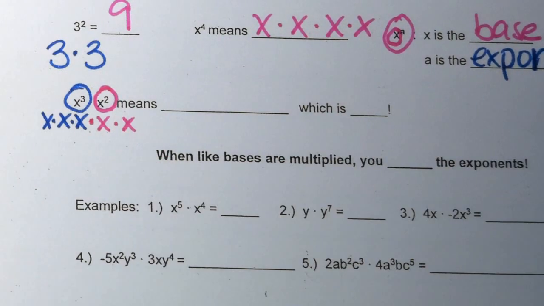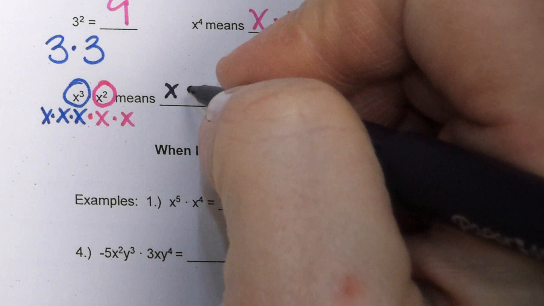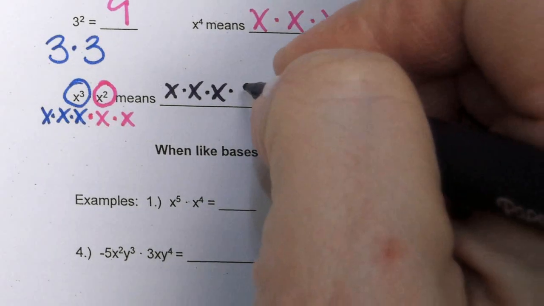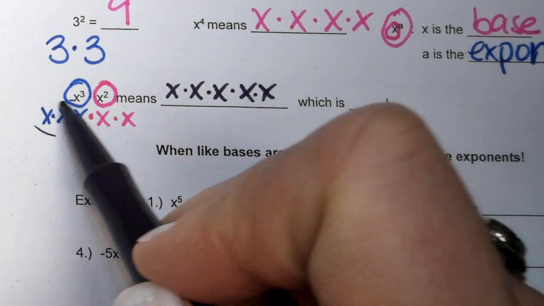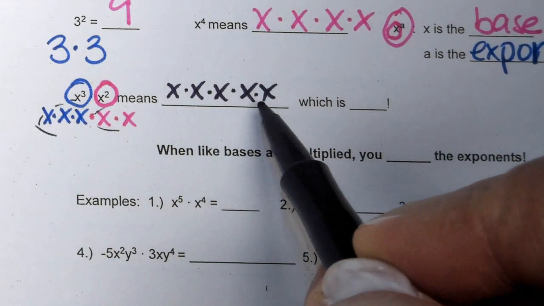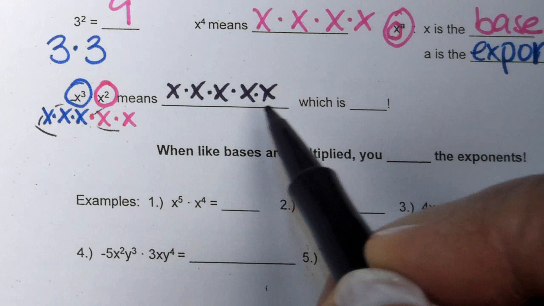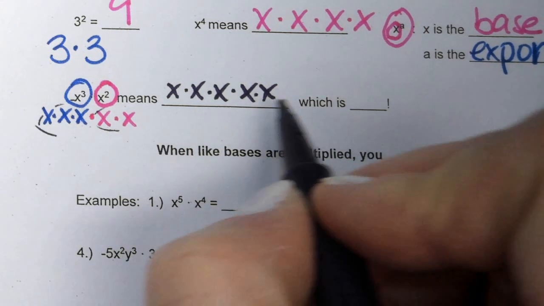That's x to the second, right? So that really means you're doing x times x times x times x times x. 5 x's right there. We had x to the third and x to the second. We're multiplying those together. So we have 5 x's, which is really what?